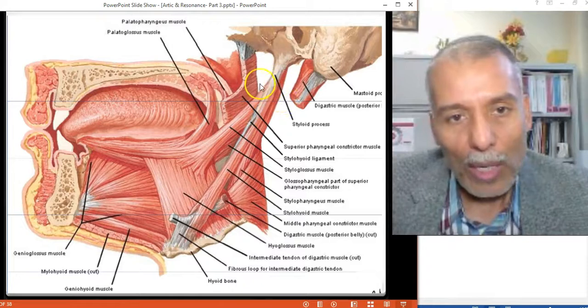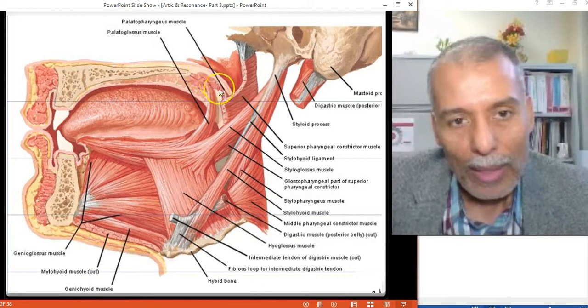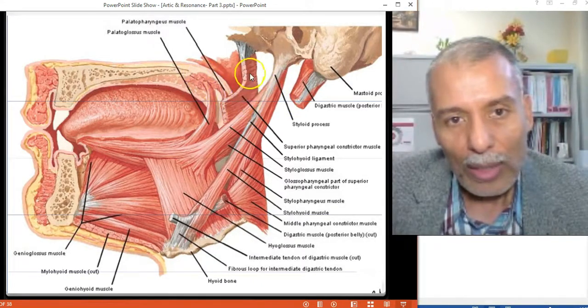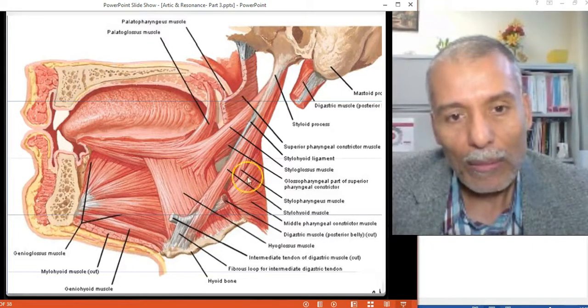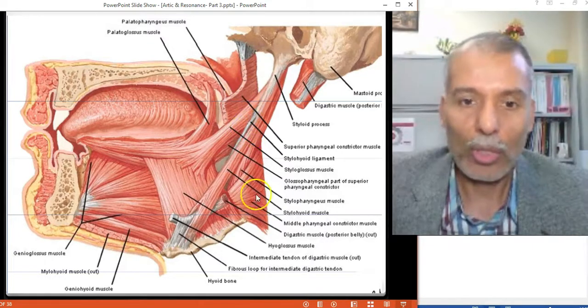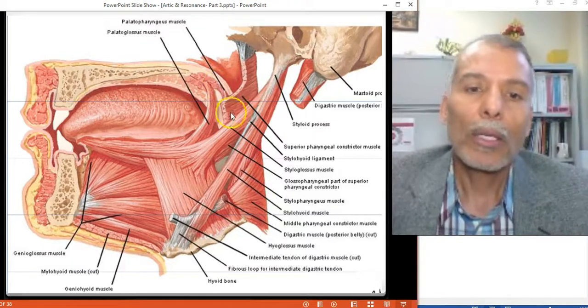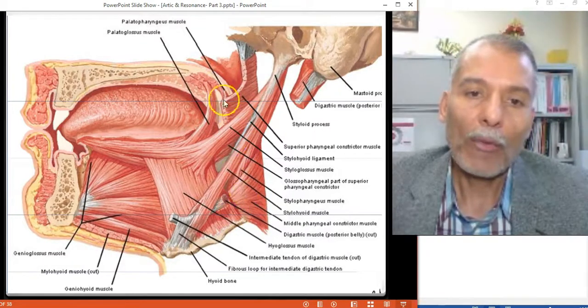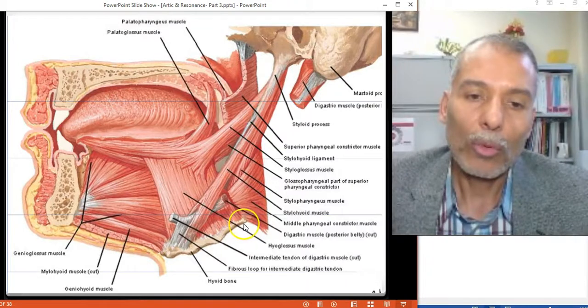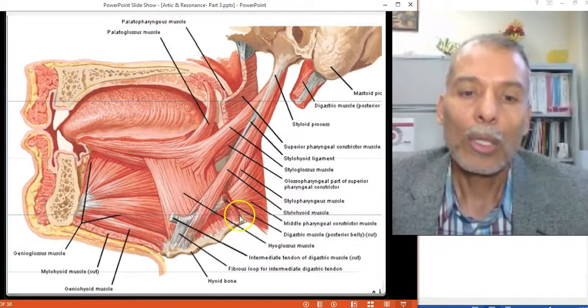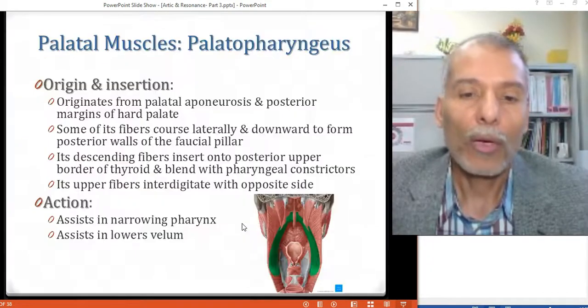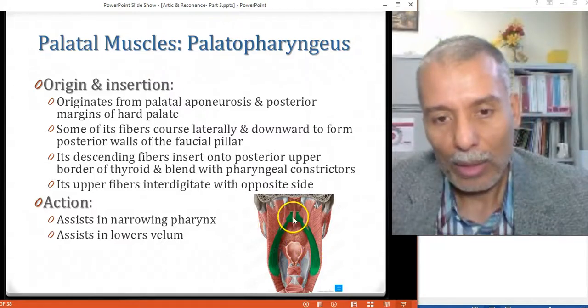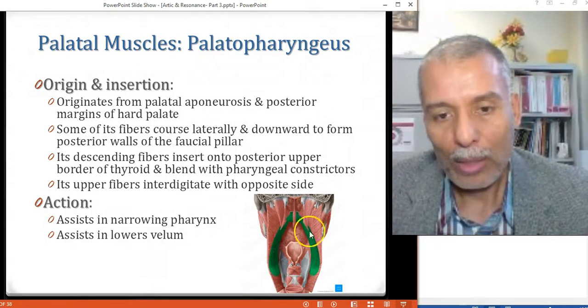So here is the muscle again. As it goes down, you can see these are the pharyngeal constrictors that we'll discuss shortly. The muscle inserts onto them, and some of the fibers go down to insert onto the posterior margins of the thyroid cartilage. Here again is the palatopharyngeus.